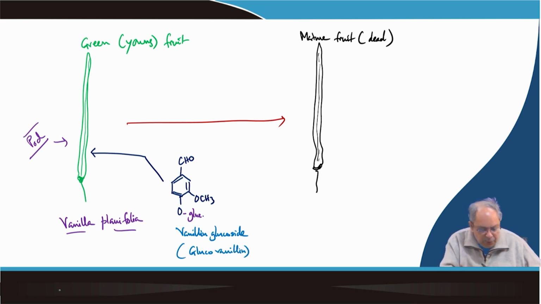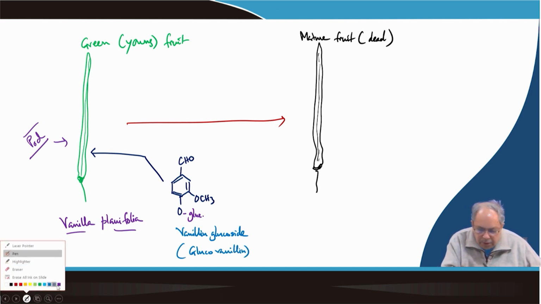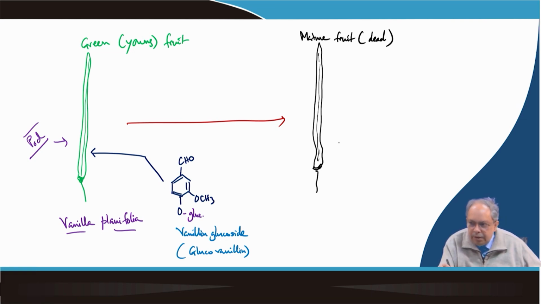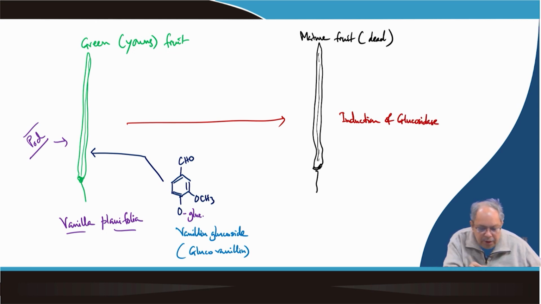And then when the fruit dies, what will happen? By that time there will be induction of glucosidase, whereas earlier there was induction of glucosyl transferase.